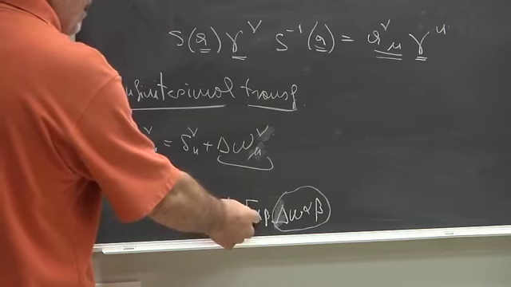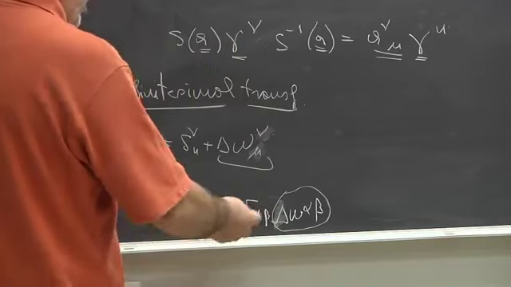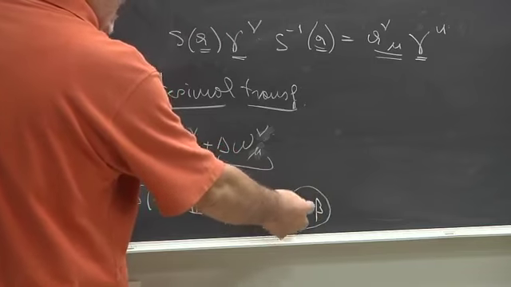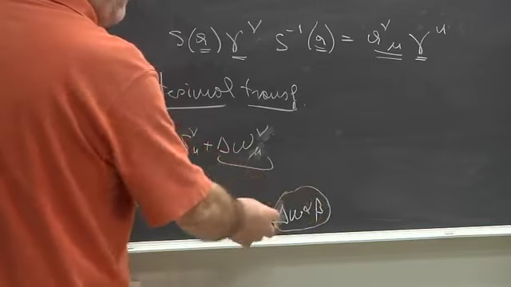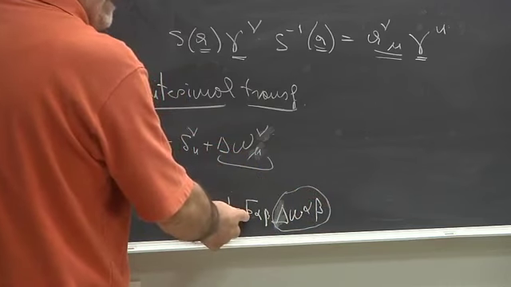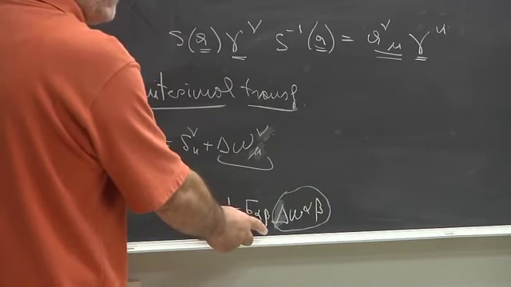Each matrix is labeled by these two indices, not the elements of the matrix, okay? So here this is a number, and how many numbers do I have? I have as many numbers as alpha and beta, so I can organize them as a matrix. Here instead I have many matrices, each of them labeled by alpha and beta.